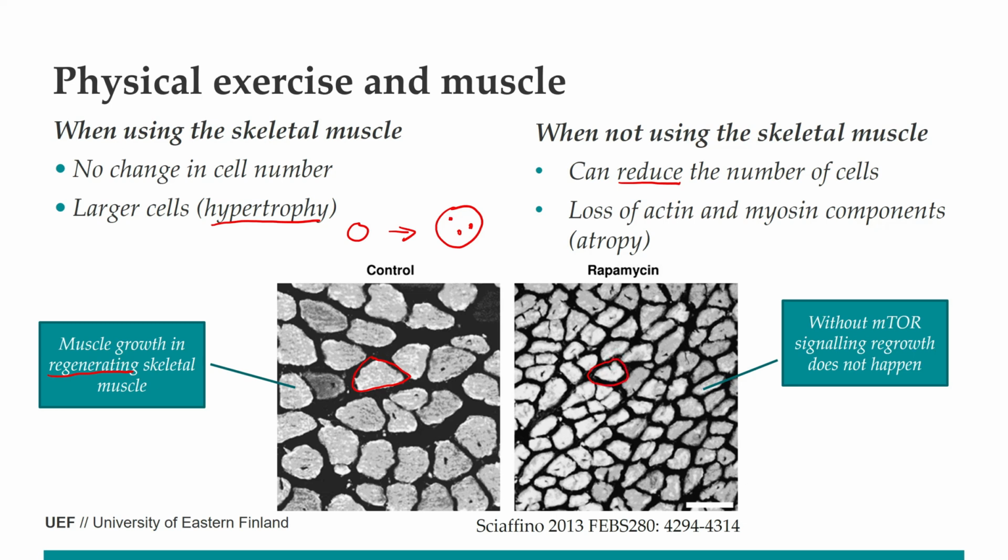The only difference is that on the right hand side there has been some rapamycin that is blocking the mTOR signaling pathway. So that means you have some kind of cell signaling to produce this hypertrophy in these muscle cells.